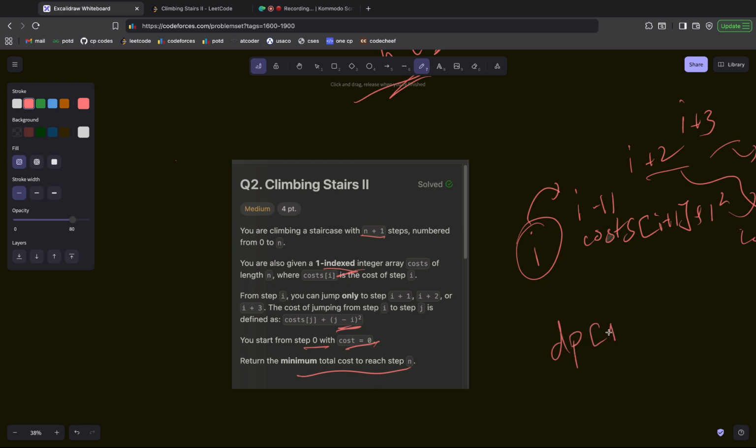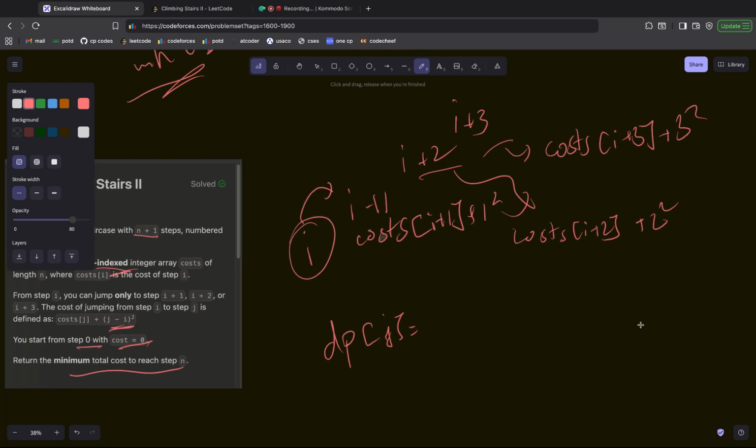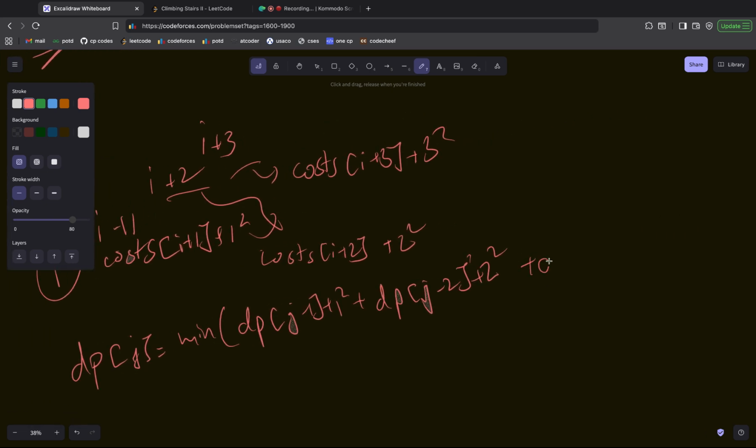We are just creating a simple DP relation: dp of j equals the minimum of dp of j minus 1 plus 1 square, dp of j minus 2 plus 2 square, and dp of j minus 3 plus 3 square. Sorry, those should be commas, not pluses, because we are taking the minimum.